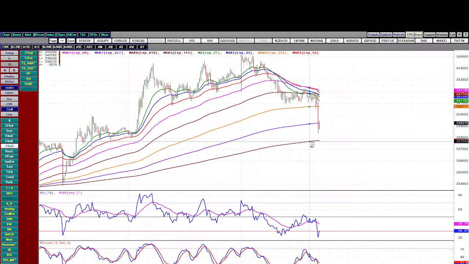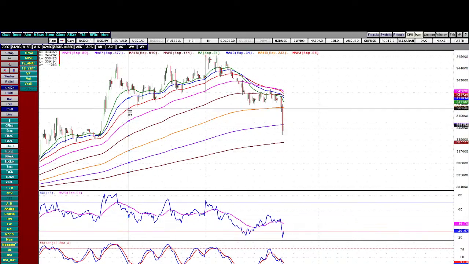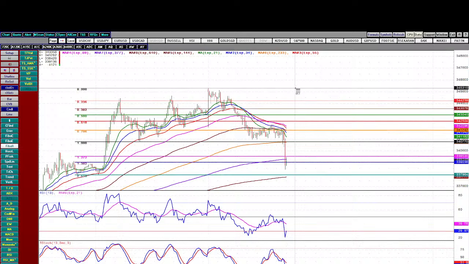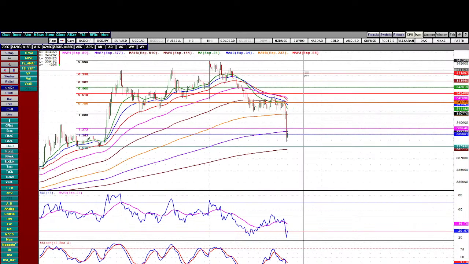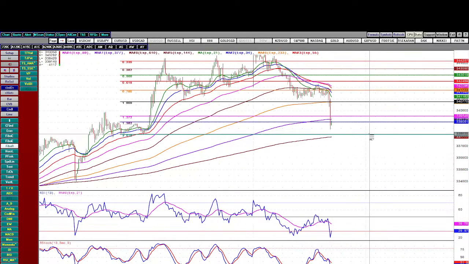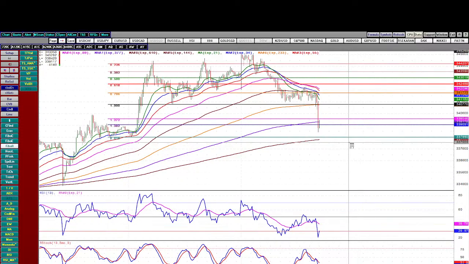This is going to be a counter trend trade. We'll try to buy at 3380, and stop at 73.